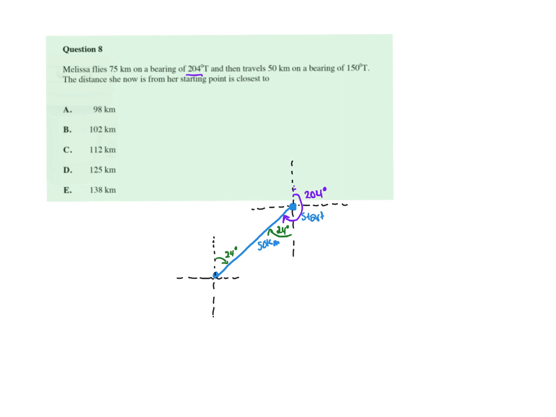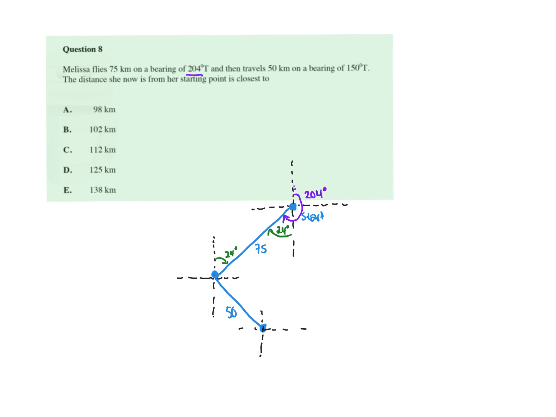Alright, when she gets to this second point, she goes on a bearing of 150. Oh, sorry, this first distance was 75. Sorry, am I wrong? And then she goes on a bearing of 150 for 50 kilometers. So I'm going to say that's out here for 50 kilometers. And she gets to her next point.